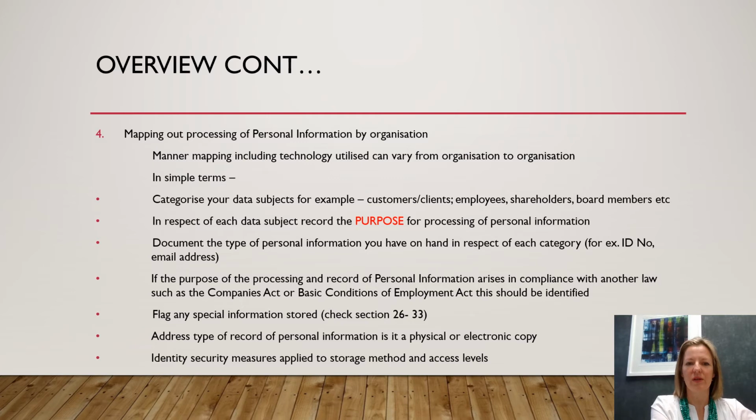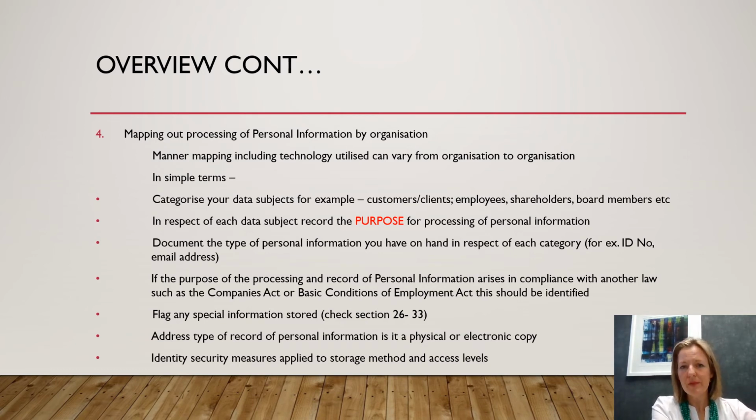And if the purpose of processing of personal information and the storage is as a result of another law, for instance, the Companies Act or the Basic Conditions of Employment Act, then this ideally should be recorded as well, as it may assist you in determining your retention periods for certain records.